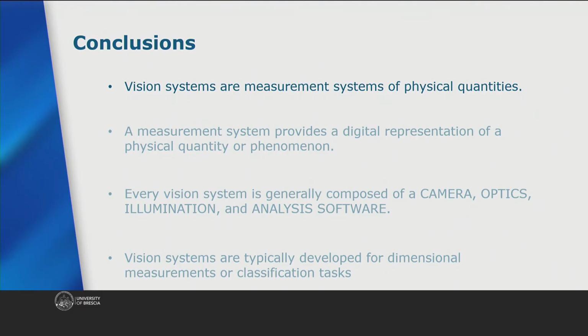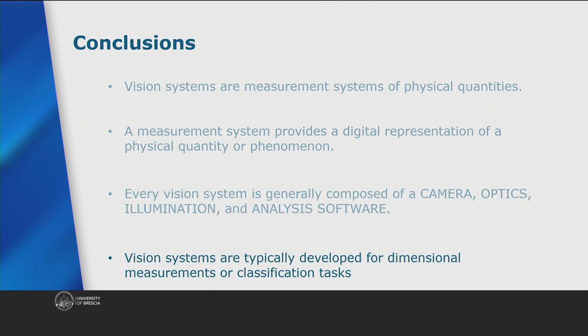So, to sum up, in this first episode we introduced vision systems, saying that they are true measurement systems. We defined what they are. They are tools capable of providing a digital reading of a quantity or a physical phenomenon. We then looked at the main components of a vision system: cameras, optics, lighting, and analysis software.